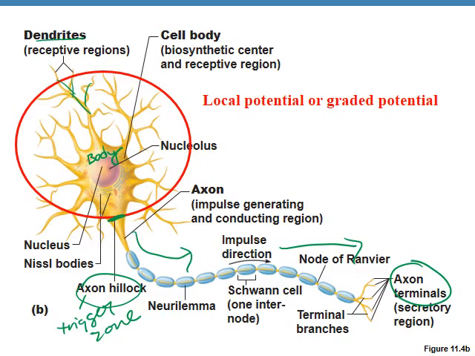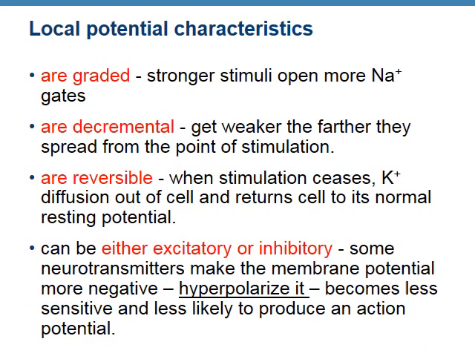So where would you find a local potential? It occurs in the dendrite or the soma. Locally, this neuron is going from negative 70 millivolts up to a higher voltage. Some local potential characteristics. One, they're graded. You need a really strong stimulus to open all of the sodium gates and get to threshold.